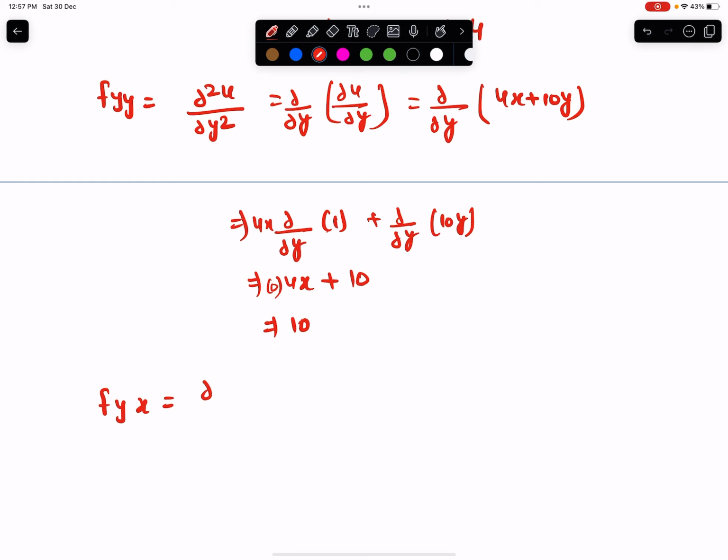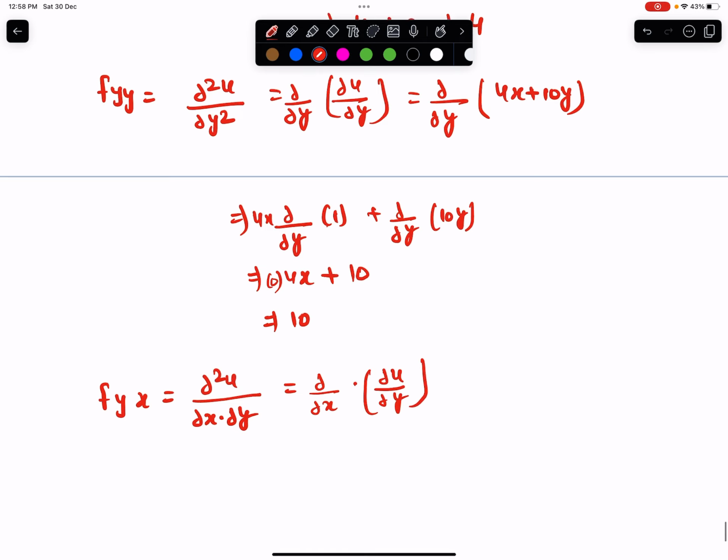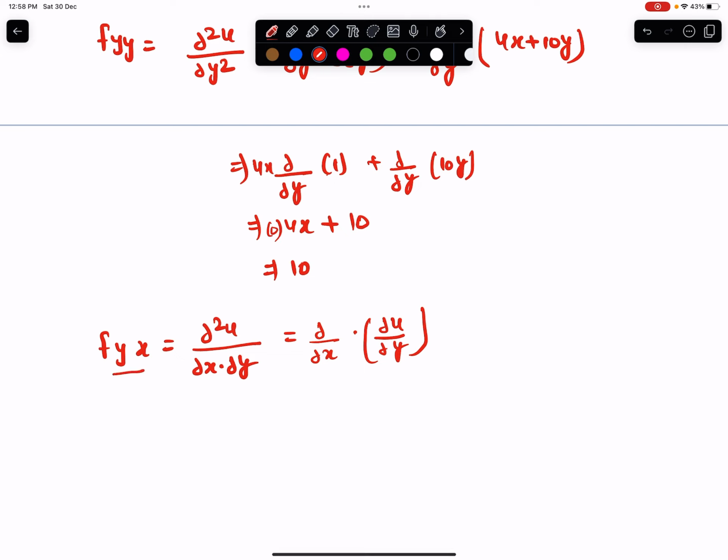Now we have to find f_yx, that means ∂²u/∂x∂y, that is ∂/∂x of ∂u/∂y. We take first order as ∂u/∂y, then second order as ∂u/∂x.